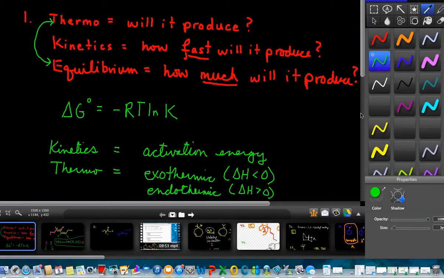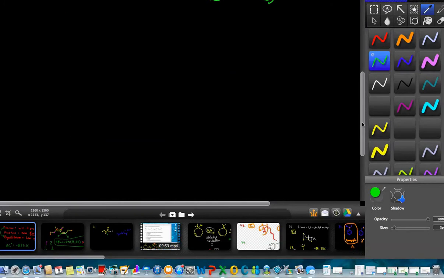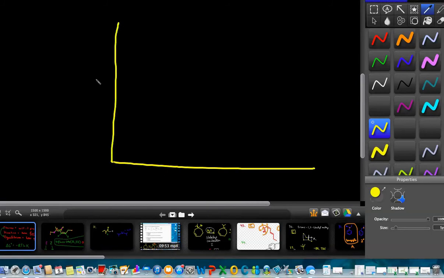Now, we've seen this before, but let's go over it one more time. Let's look at the potential energy diagram. Let's look at enthalpy, or H, as a function of reaction coordinate.